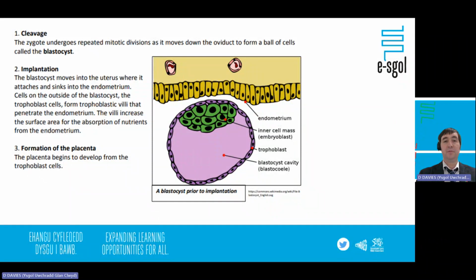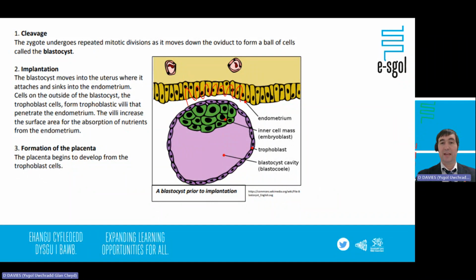The blastocyst moves into the uterus and attaches to the endometrium. Cells on the outside of the blastocyst, the trophoblast, form trophoblastic villi. These penetrate the endometrium, which increases the surface area so we can absorb more nutrients for the embryo.